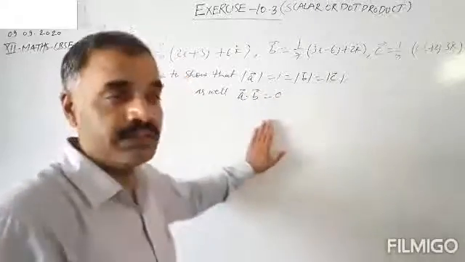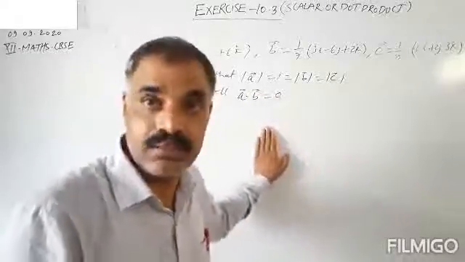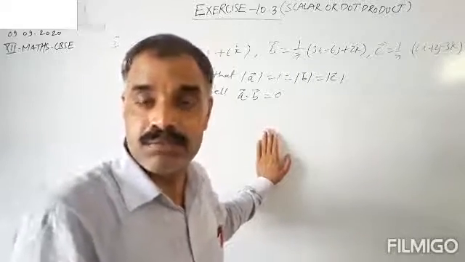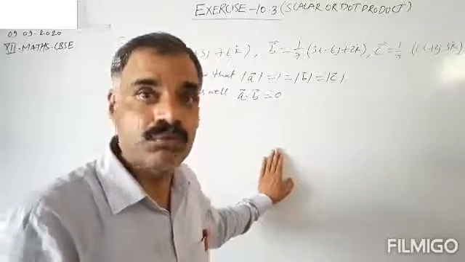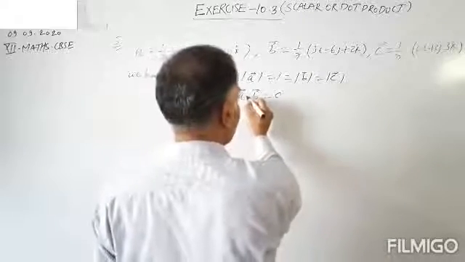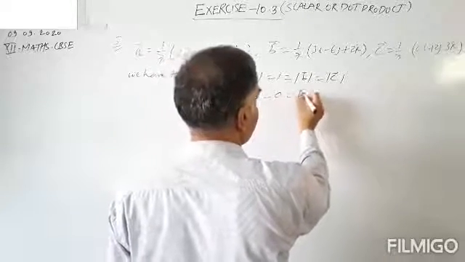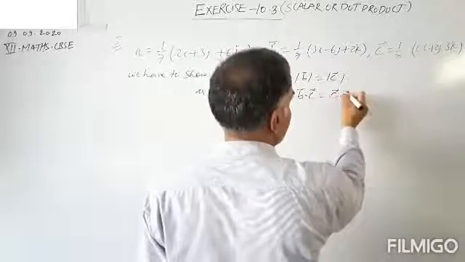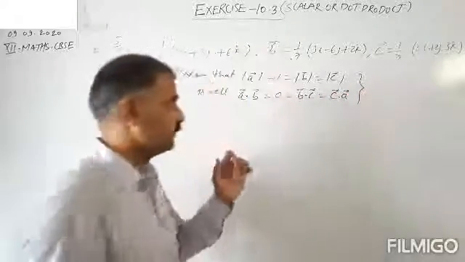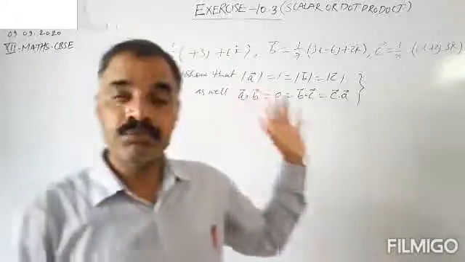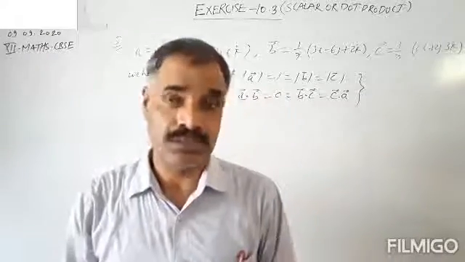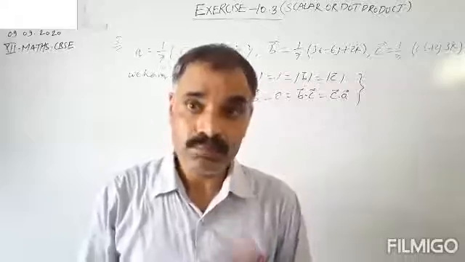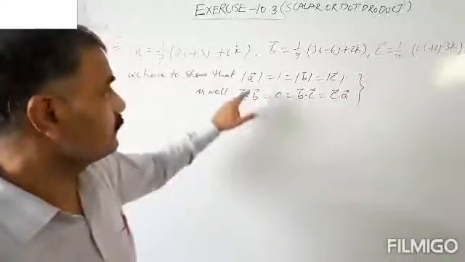Mutually perpendicular means A is perpendicular to B, B is perpendicular to C, and C is perpendicular to A. So A dot B equals 0, B dot C equals 0, and C dot A equals 0. We have to show this throughout the question.